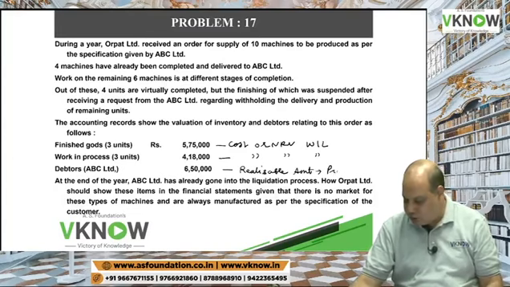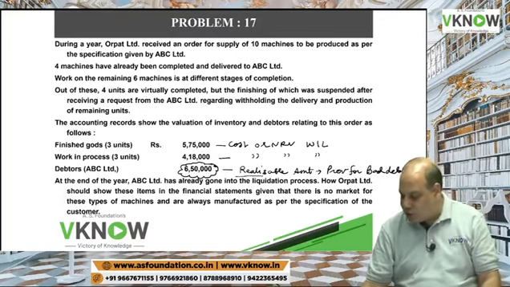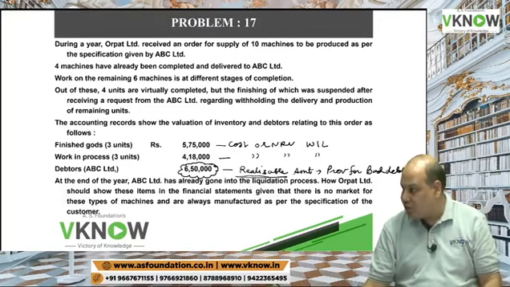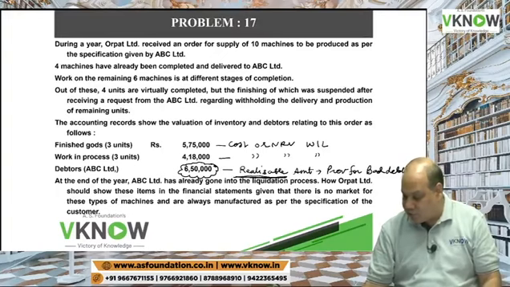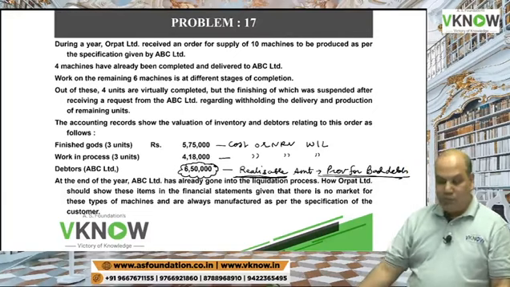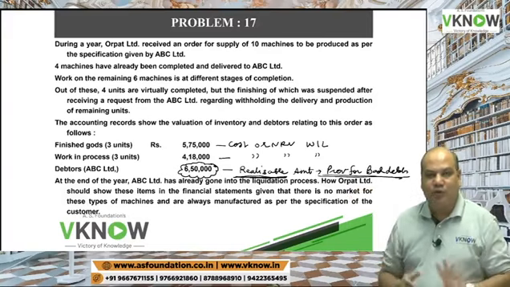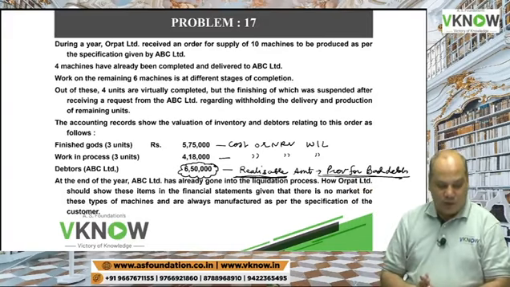So you have to make a provision for bad debts. As far as 6,50,000 is concerned, you have to see how much amount you can recover from this customer and make provision for the balance. So if you think out of 6,50,000 only 1 lakh can be recovered, make a provision for bad and doubtful debt of the remaining amount.